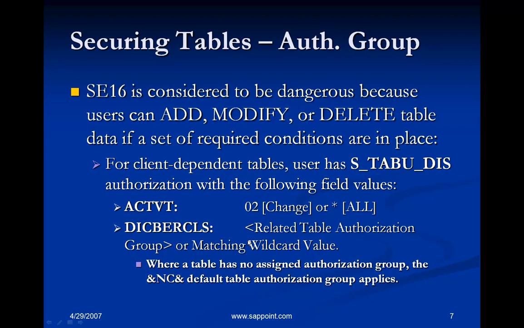Now, as in programs, even if you specify a particular authorization group for the authorization group field in the object S_TABU_DIS, the users can access the tables which belong to the group that is authorized for them, plus they can also access the data from the tables which are not assigned to any authorization group. So which again, like in programs, is a loophole for this object.